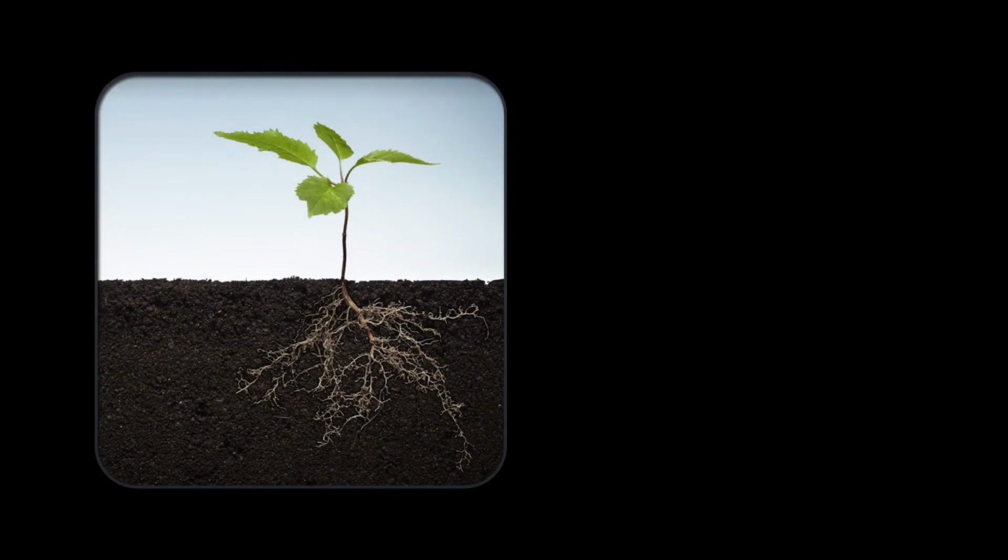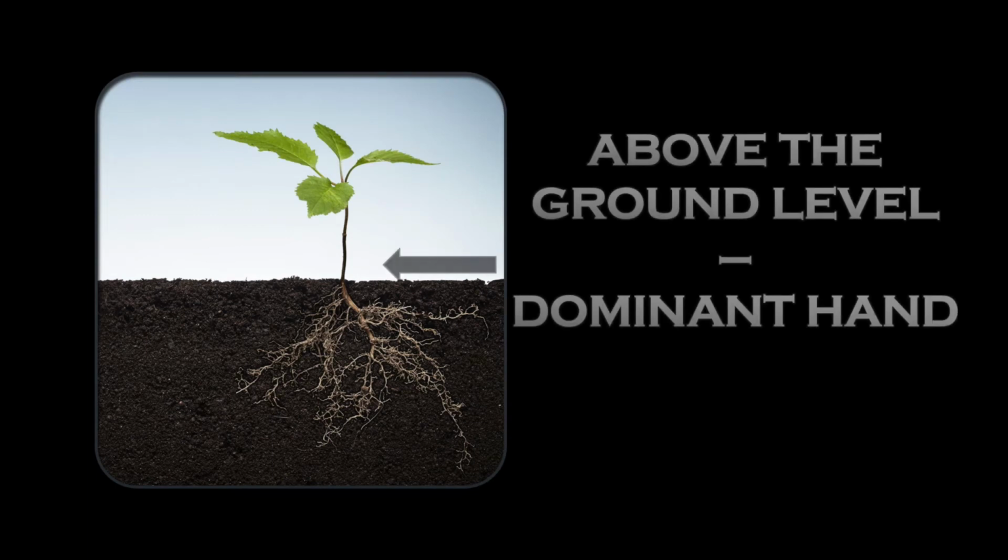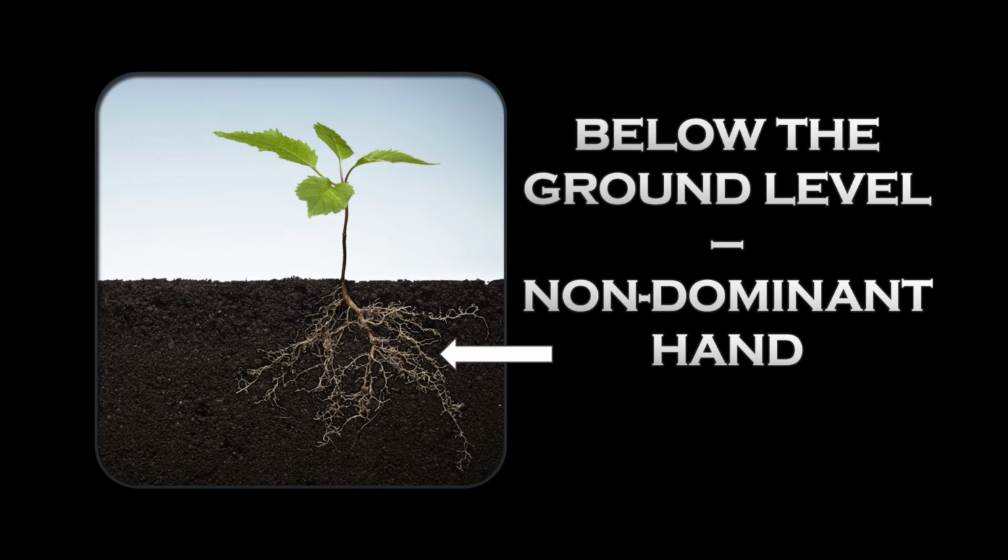Let's first understand the basics in a pictorial form. Our hands are like trees. The part above the ground level represents the dominant hand, and the part below the ground level represents the non-dominant hand.